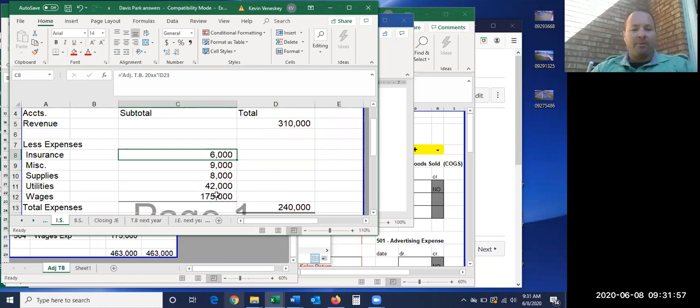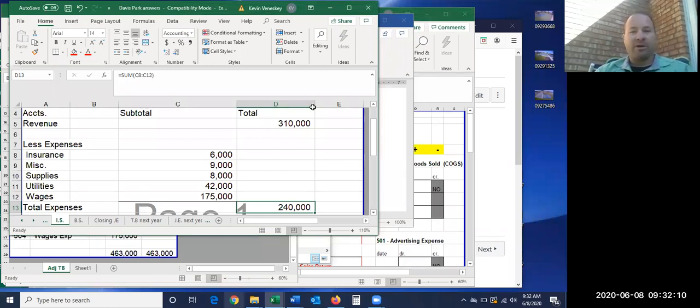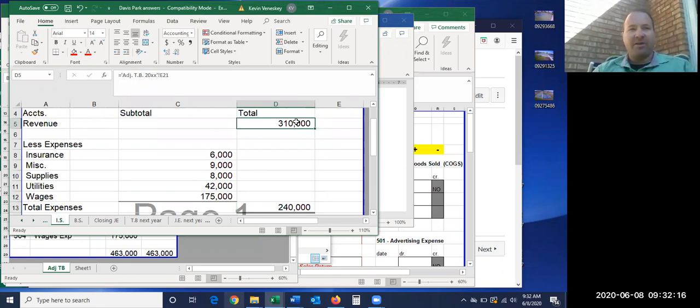So we want to add up all of these expenses as our subtotals, and then put the final amount out here in the total expenses. And you always better hope that your expenses are less than your revenue, otherwise your business isn't doing very well, obviously. So the business brought in $310,000.